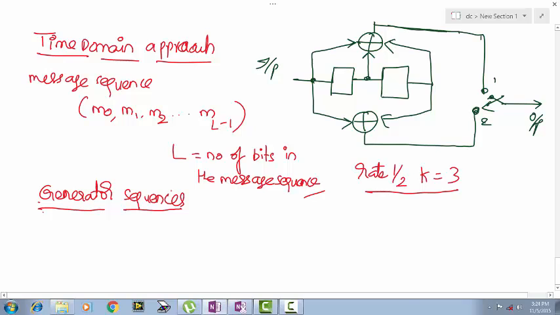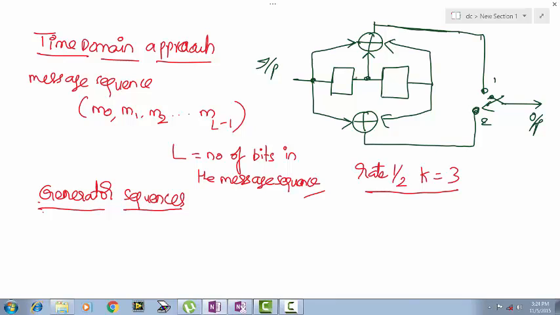How to find out the generator sequence? The generator sequences are nothing but impulse responses. Here n equal to 2, the number of outputs.